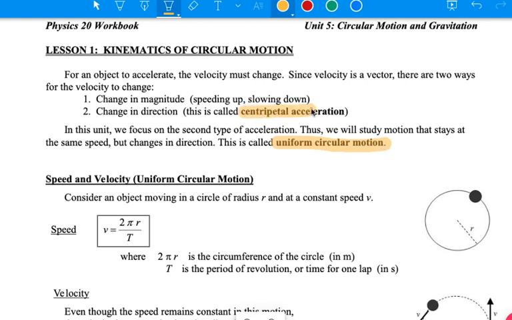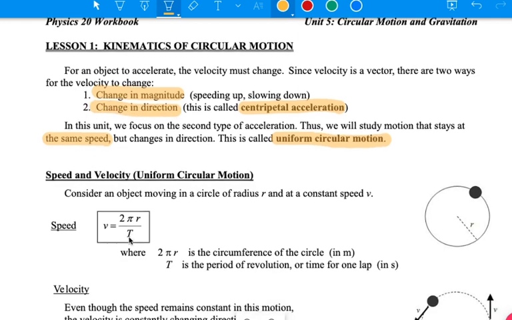So uniform circular motion involves centripetal acceleration without our, I don't know if you would want to call it conventional acceleration or our previous definition of acceleration. So our speed is not changing in magnitude, we're only changing the direction.